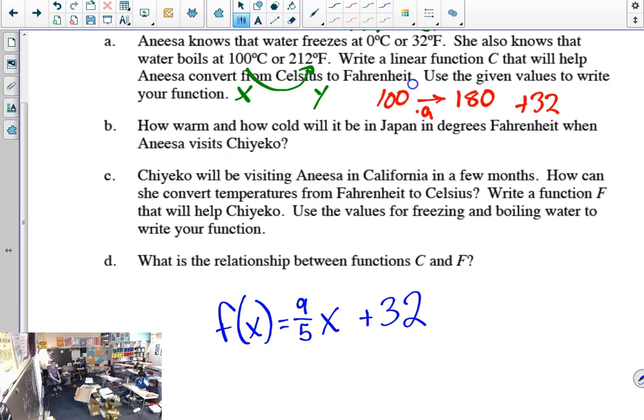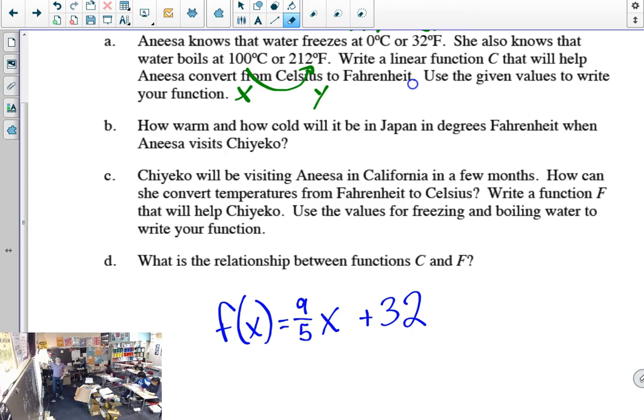Yeah, to get the Fahrenheit temperature so she knows how to pack. That's kind of cool. That was the formula, but I can't do it in my head all the time.